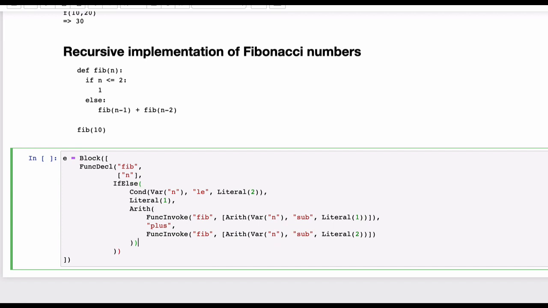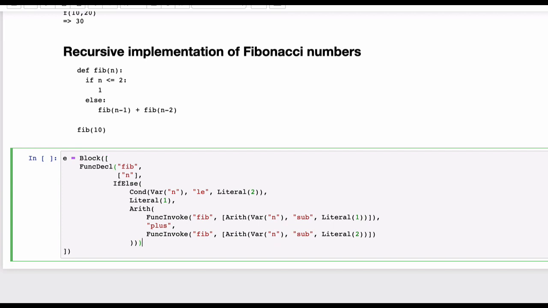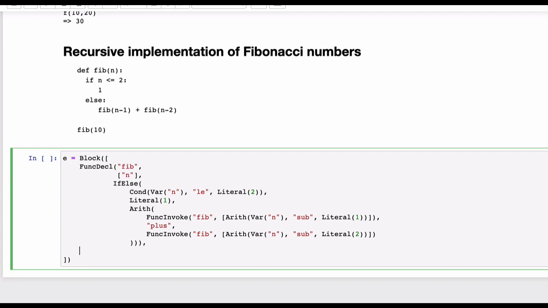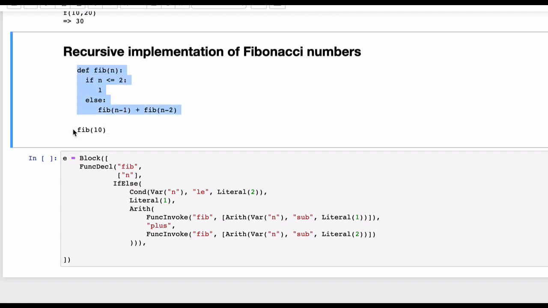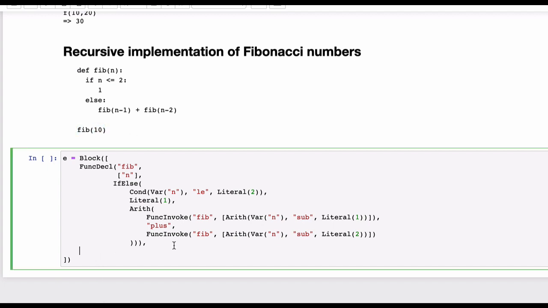So that's the if and else, and this is a function declaration. Now we need to implement the last part, just the invocation. So we're going to invoke Fibonacci number with a single argument of literal of 10.